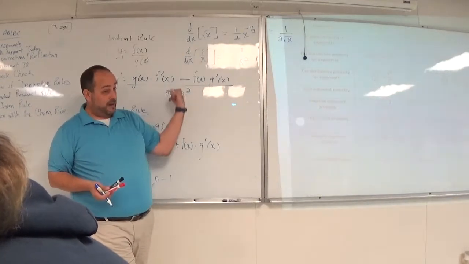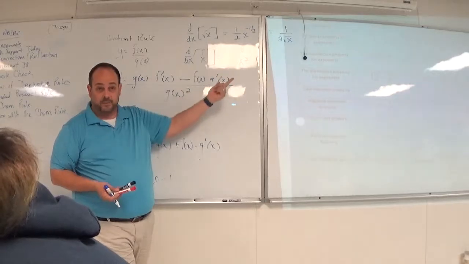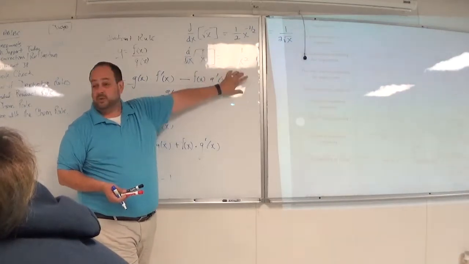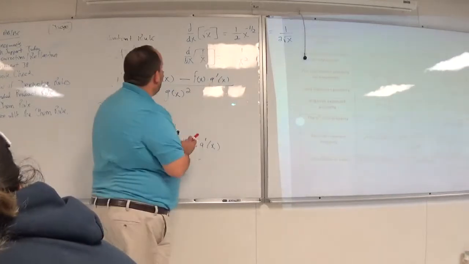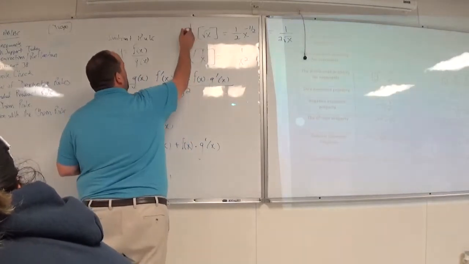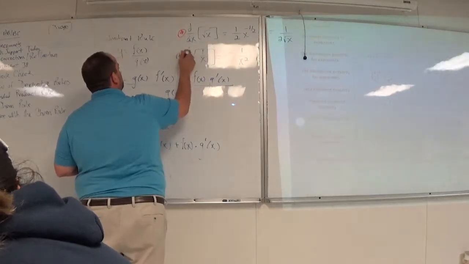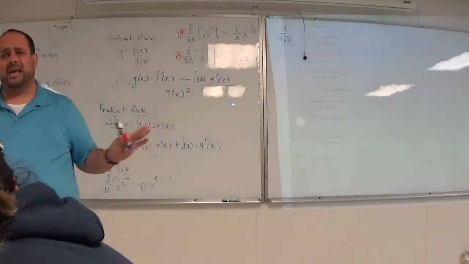Power rule says bring that power down and reduce the power by 1. So you get negative 1 x to the negative 2, negative 1 over x squared. All the friends are okay? I am confident that you guys can all do all that, but I'll tell you, these two are going to show up so much, you just want to get them memorized.